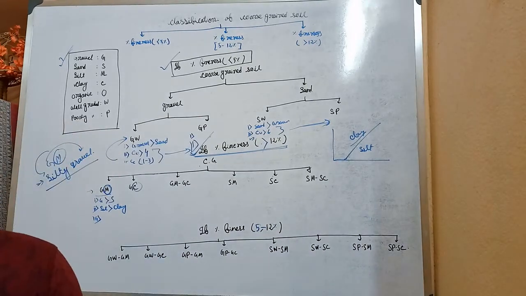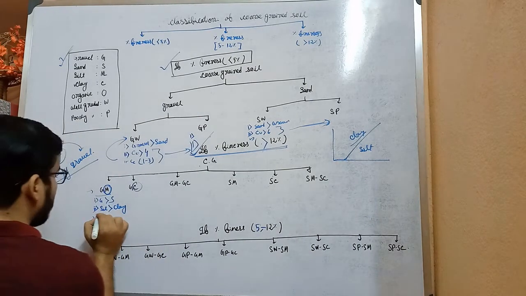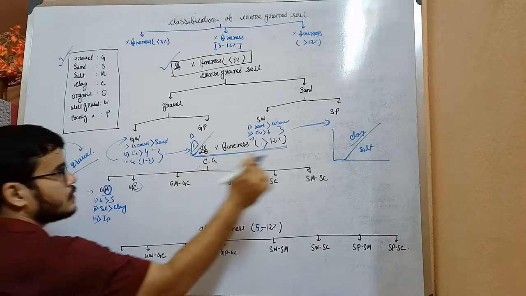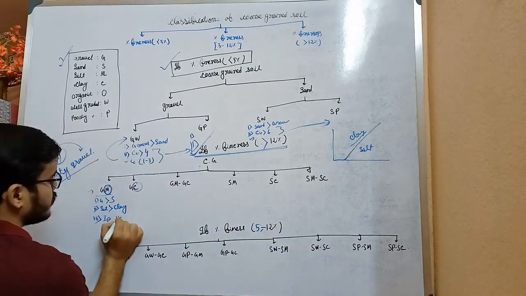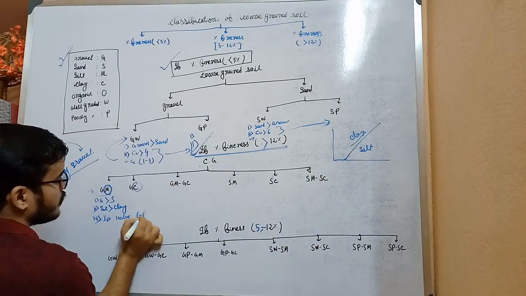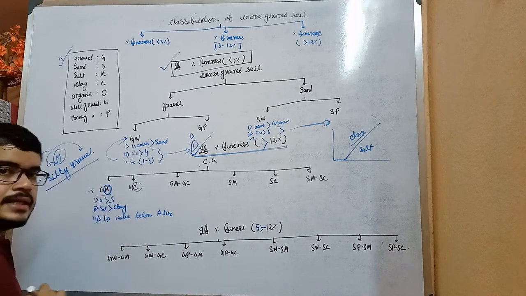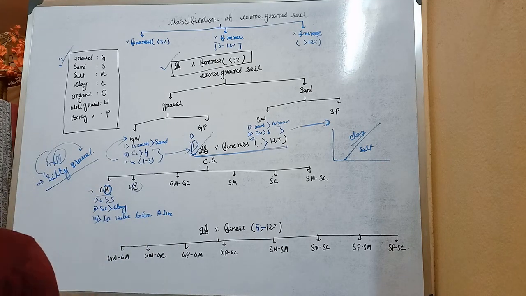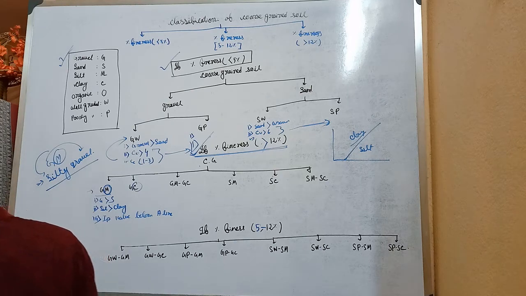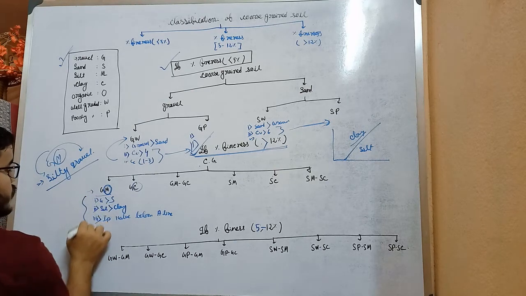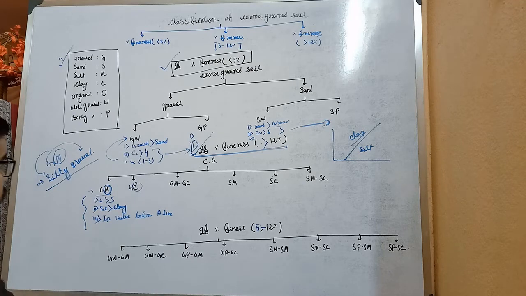So the IP value is below the A line, that's why it is silt. So these 3 points are important.